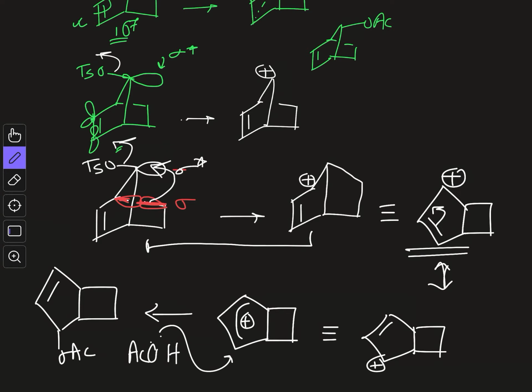It can happen spontaneously while this OTs bond is breaking. Both can happen simultaneously, or after the formation of this carbocation it can migrate, but nonetheless the final outcome will be the same: this allyl cation, and attack on this allyl cation will give this product.